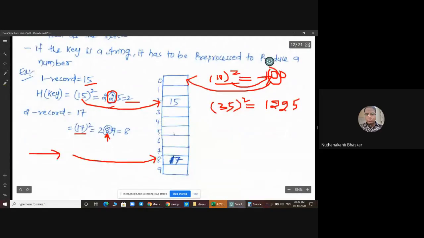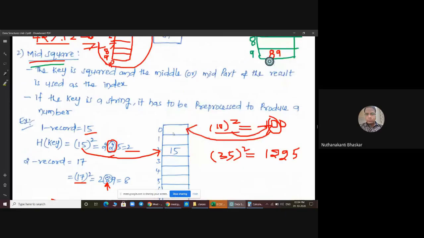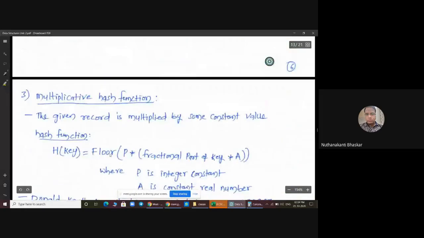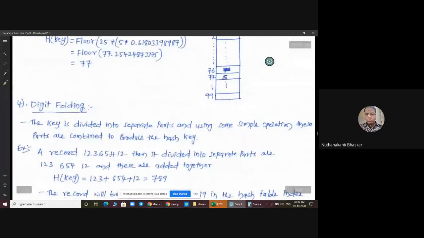Before applying your hashing mechanism, first of all you go through your input data. You must verify your input data. Based on your input data, you decide which hash function is suitable: the division method, the mid square method, the multiplicative hash function, or digit folding.